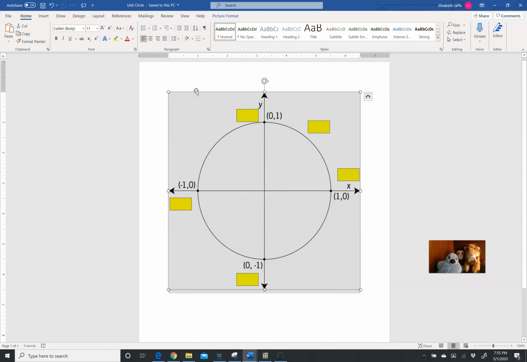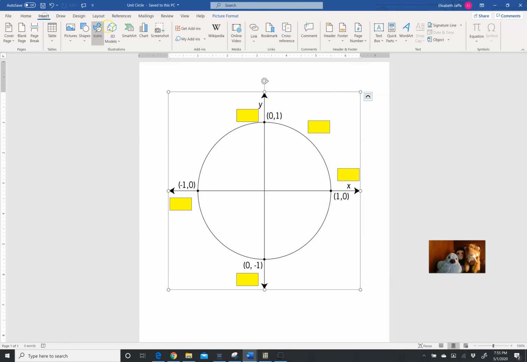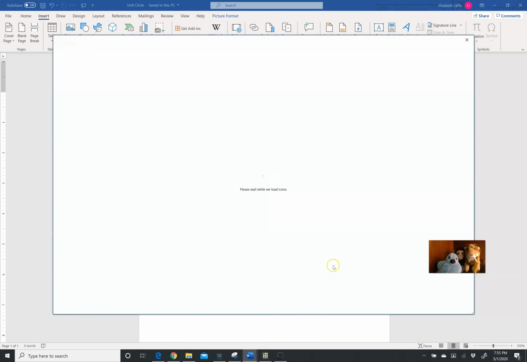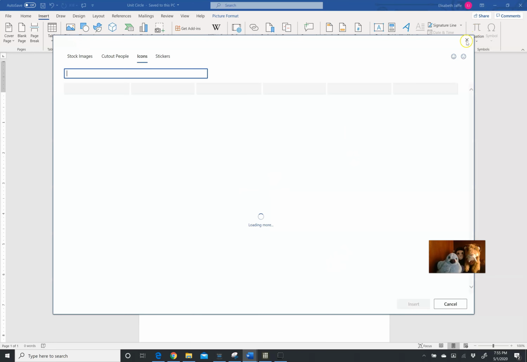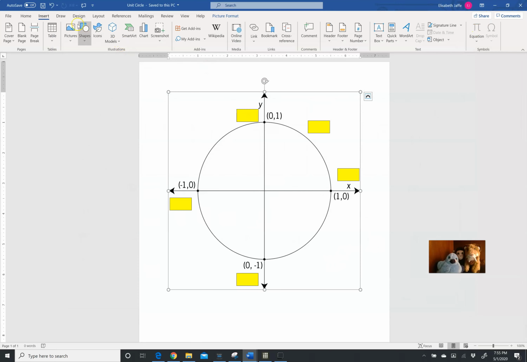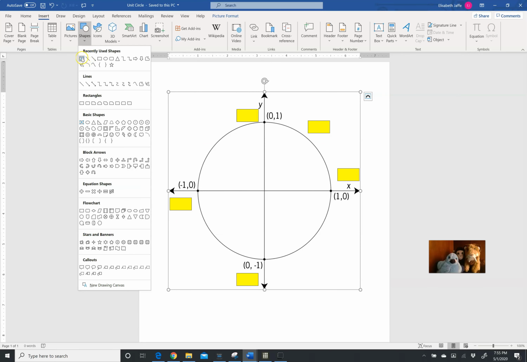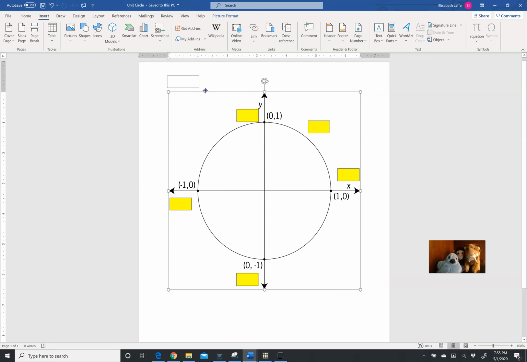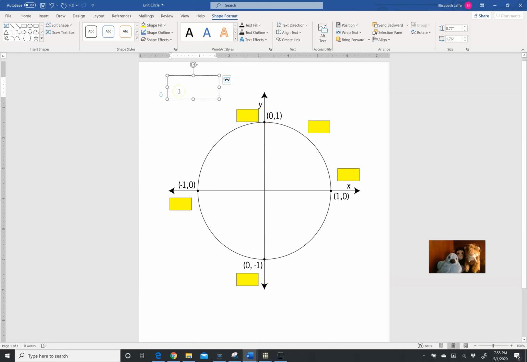And let's see if I could. I'm just going to do it this way. Ignore me. Here we have our unit circle.